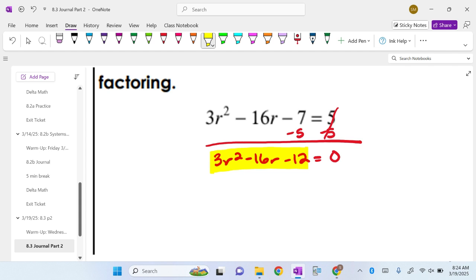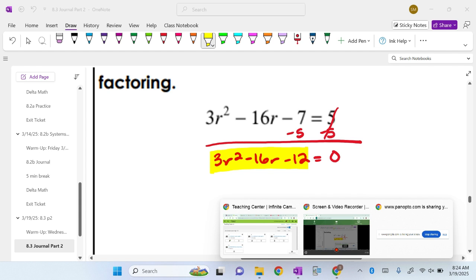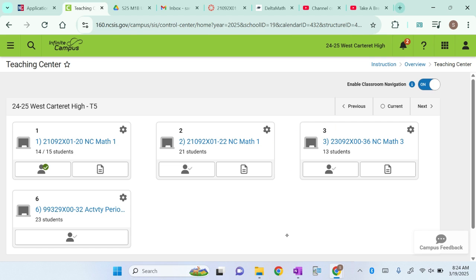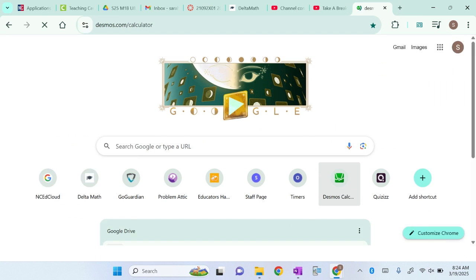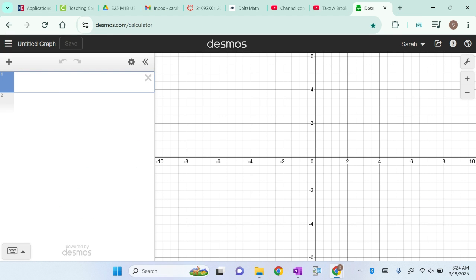All right. Now, guys, a little trick for if you ever have trouble finding the GCF. Desmos is a beautiful thing. So if this was on the calculator active section, Desmos can actually find a GCF for you. It can't find a variable GCF, but can sure as heck find a numerical one.